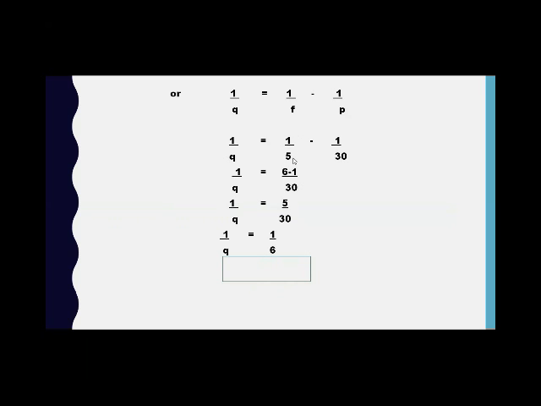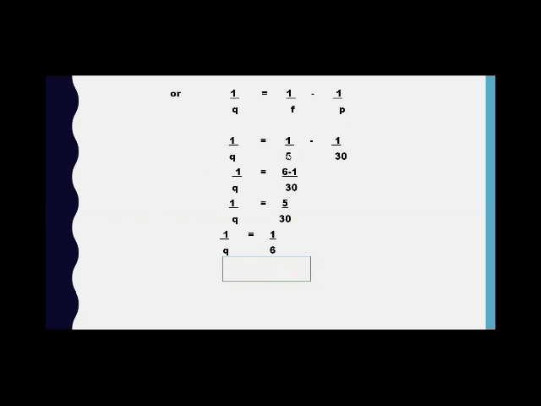We will compare their denominators. If the denominator matches the LCM, then we will write the numerator as it is. And if it does not match the LCM, then we will try to equalize it.